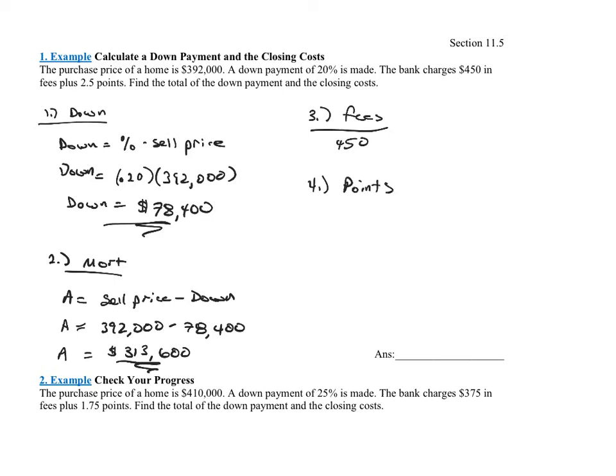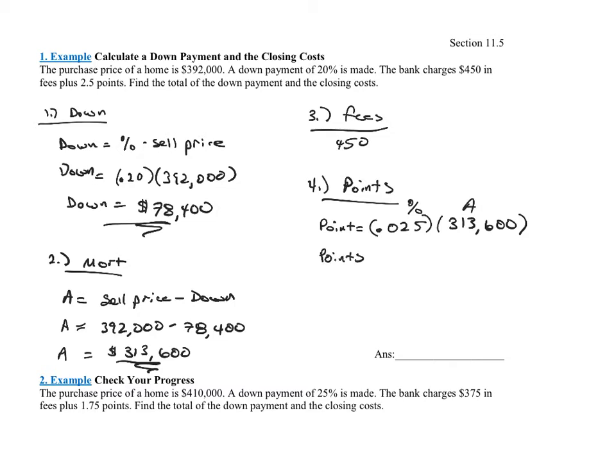Here it says we have to pay 2.5 points, so to determine how much you have to pay for points, you're going to do the number as a percentage, so 2.5 points is 2.5%, which is 0.025 written as a decimal, times the mortgage amount, A, which is $313,600. It's very, very important here: when you do the points, it is the percent times A, not the sale price of the home.